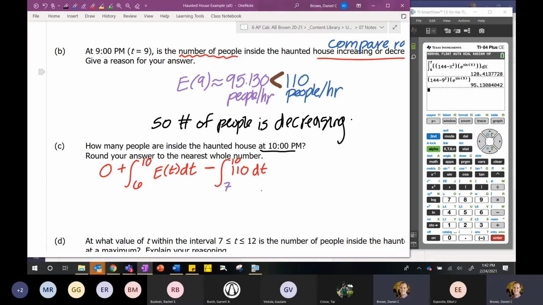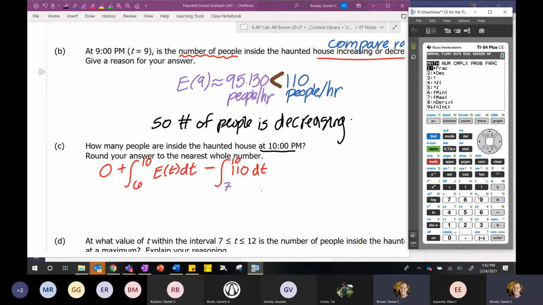I am going to be lazy and just scroll up first and select that first integral I used. And I didn't need to worry about the 0, but I'm going to change that 7 to a 10. So that would be the amount of people who have entered total, but then people start leaving at 7. So minus math 9. So from 7 to 10.